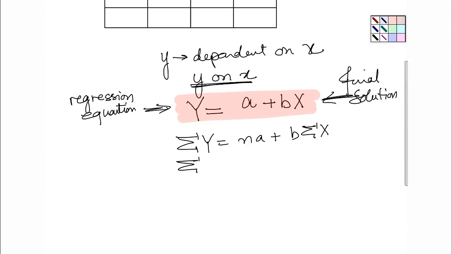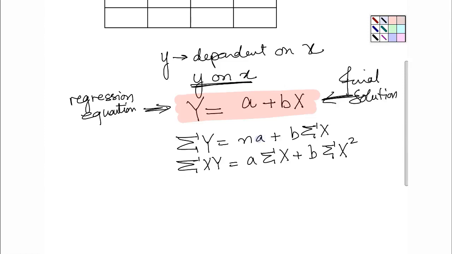And now, here we have our second equation. I'll multiply this complete equation by x. So what happens is, this y becomes xy. We get a sigma x over here because we were not having an x over here, and then we have b sigma of x square. Because we were already having an x, it becomes an x square. We were not having an x, so we get xy.